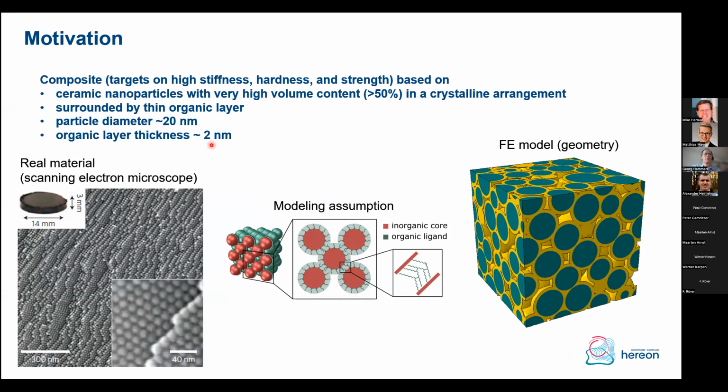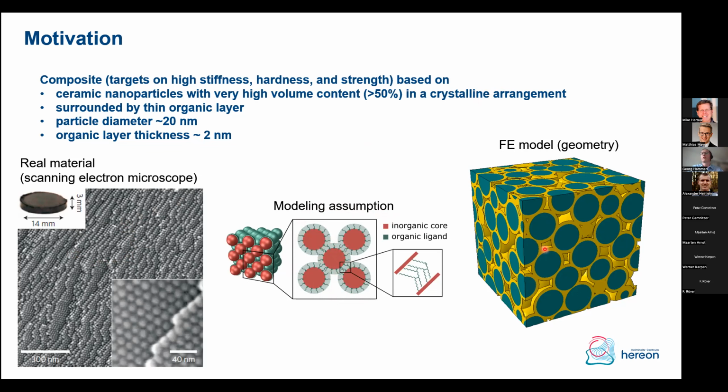Everything is very small. Here on the left side, we can see a scanning electron microscope view, and it's very regular, as mentioned, with this crystalline arrangement. Here you can see the model that we assume: our spherical particles are surrounded by this touching organic layer, and here they're combined together.